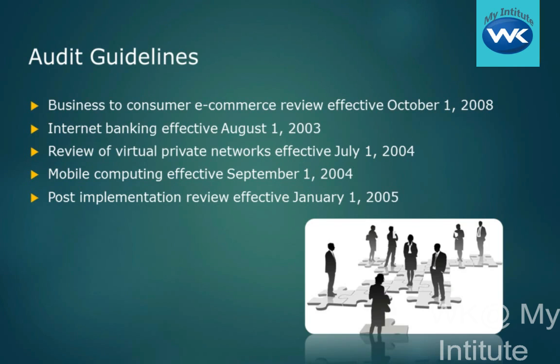And of course, there are guidelines about the use of e-commerce when it comes from your organization and its customers or clients. Internet banking guidelines, effective August 1st, 2003, which are, again, ways of giving you guidance about the process of auditing those organizations that might have internet banking.